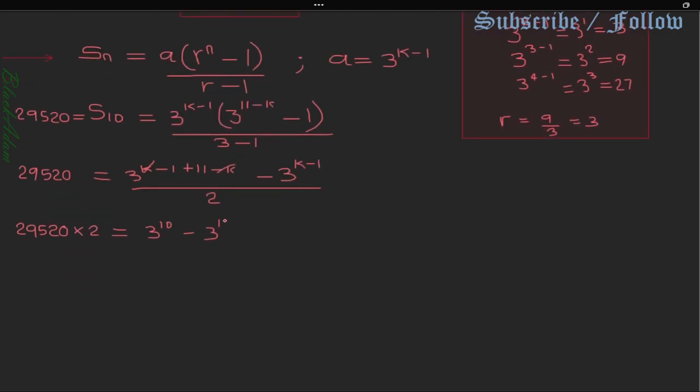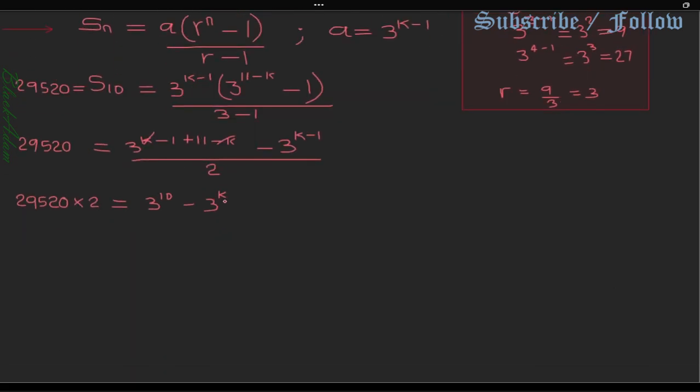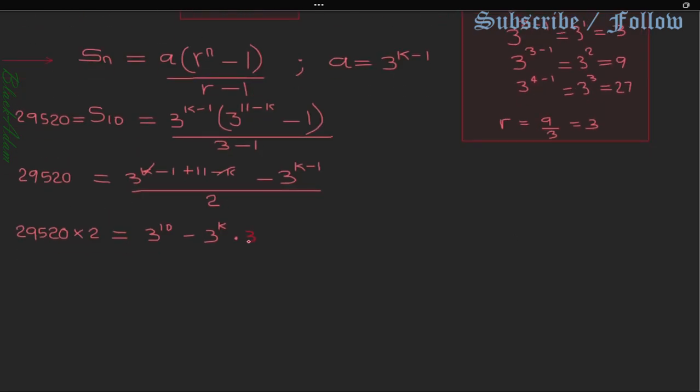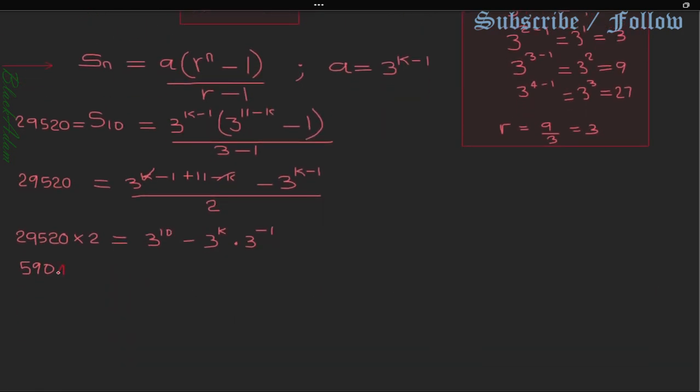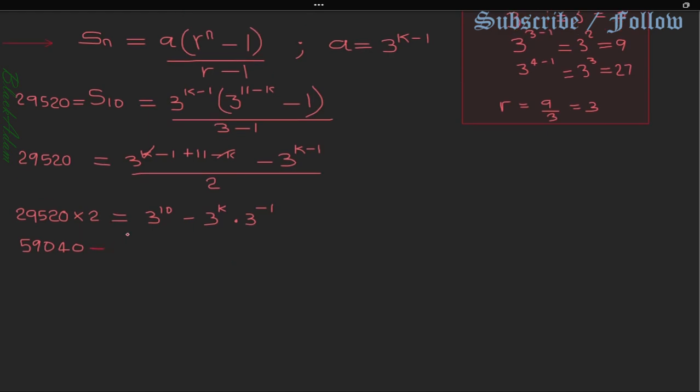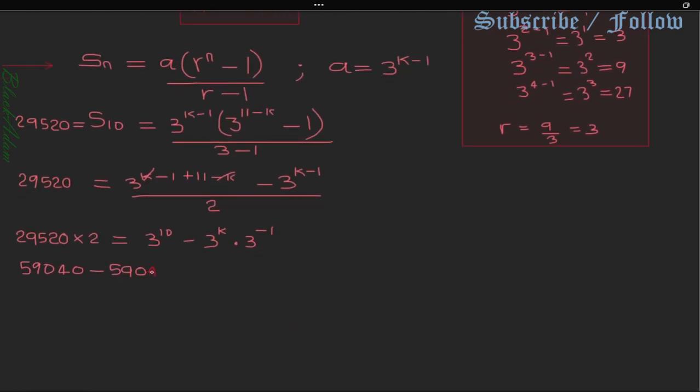So that's going to be 3 to the power k multiplied by 3 to the power -1. When you multiply that, 2 times 29520 should give us 59040, and then 3 to the power 10 is going to give us 59049.